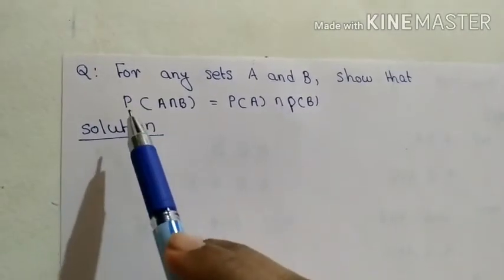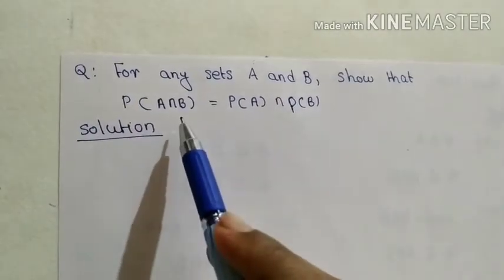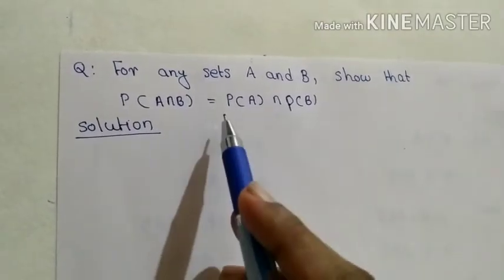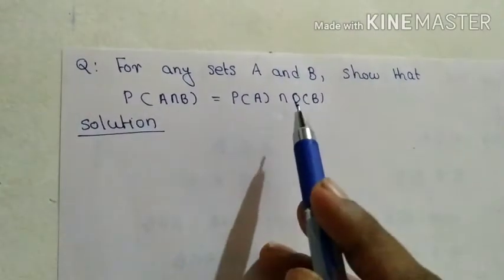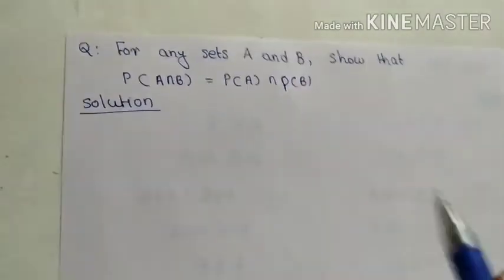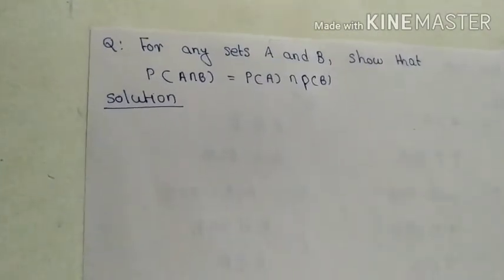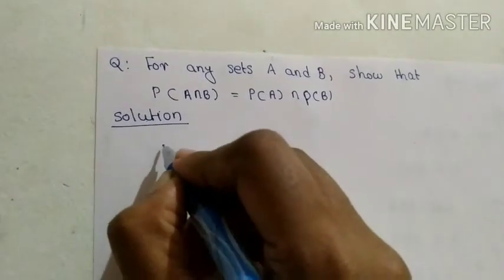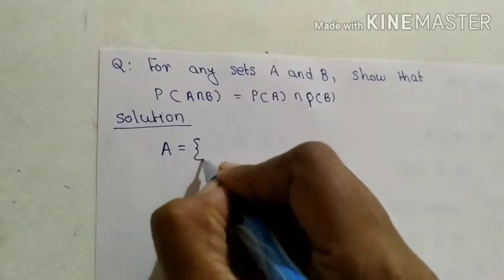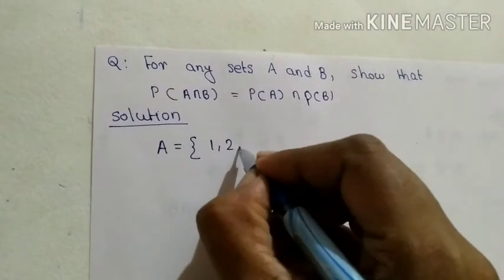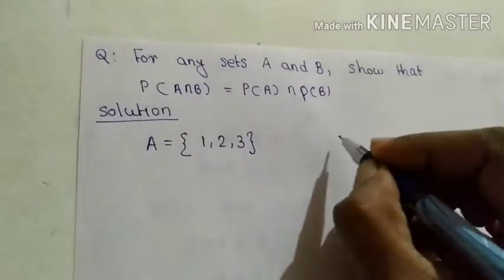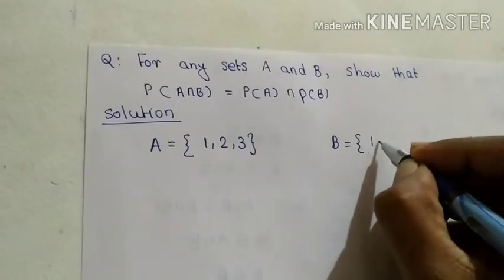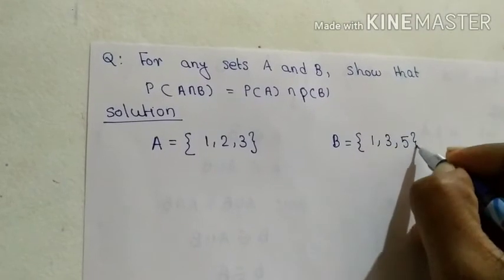So here, we need to show that power set of A intersection B equals power set of A intersection power set of B. Okay, so let's start the solution of this question. First, let us assume A equal to a set containing elements 1, 2, 3, and B is a set containing elements 1, 3, 5.